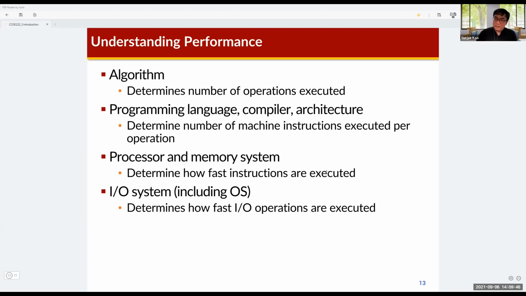Faster means that the computer runs the same program or same software within a shorter time. That means the speed, or the performance, of a computer system.